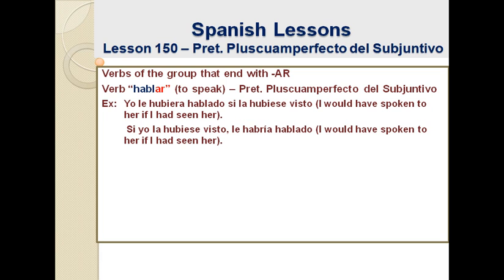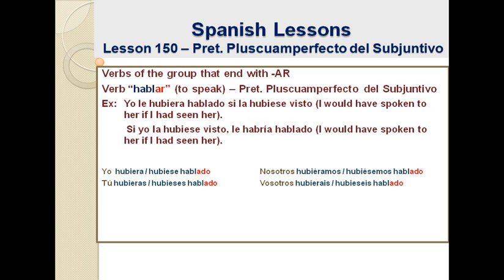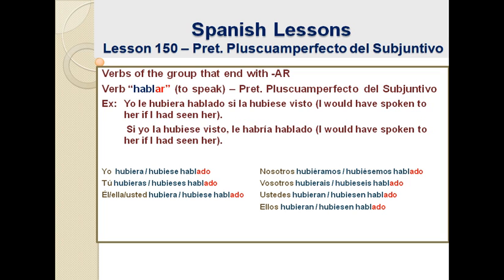Let me repeat again. Inside the if clause, we use the hubiese visto, and for what would happen if the condition is met, we use the hubiera hablado. Now you'll see the conjugation in pluscuamperfecto del subjuntivo.